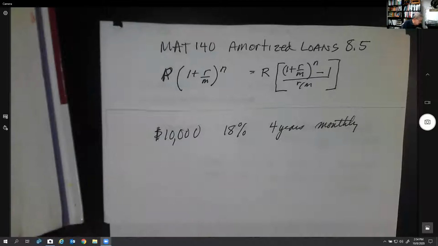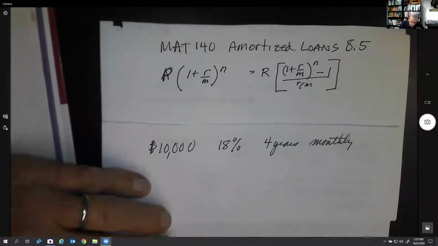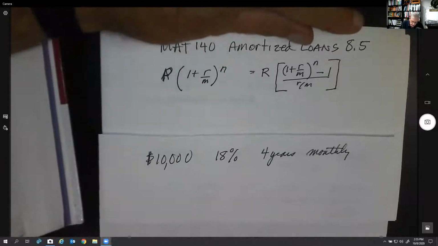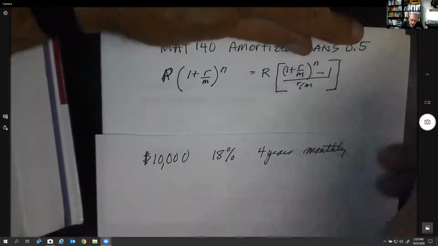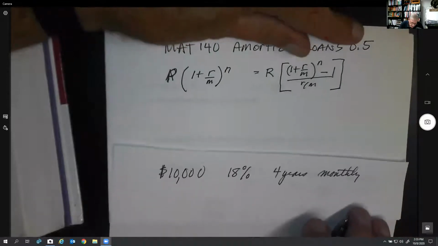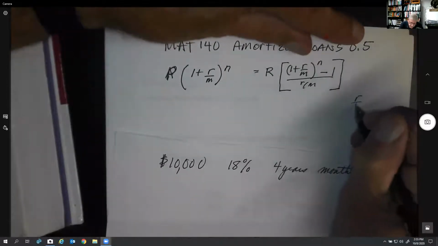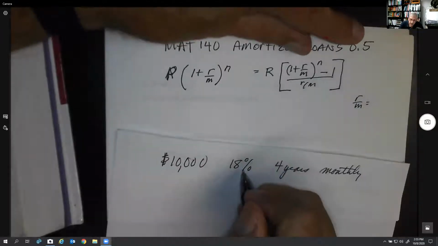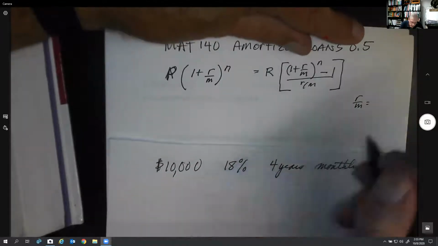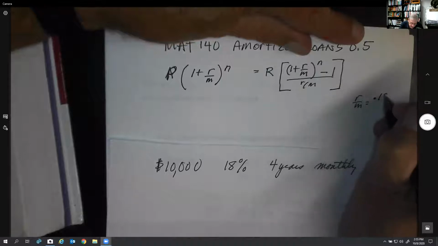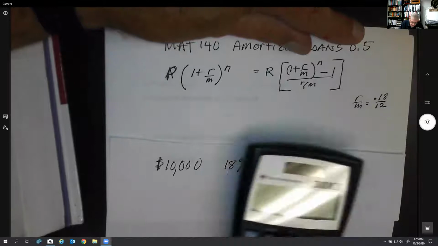So how are we going to do this? Let's take a look and see if we can figure this whole mess out. Well, let's first of all figure out this R over M junk. Remember how we do that? That's going to be your interest rate, which is 18%. So we're going to change that to 0.18 and then divide that by 12 monthly payments.